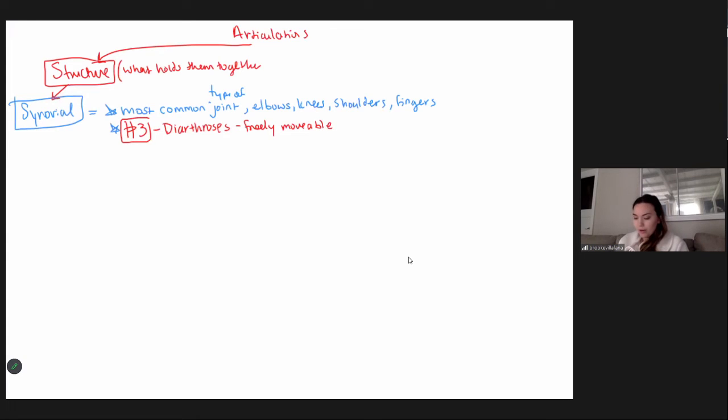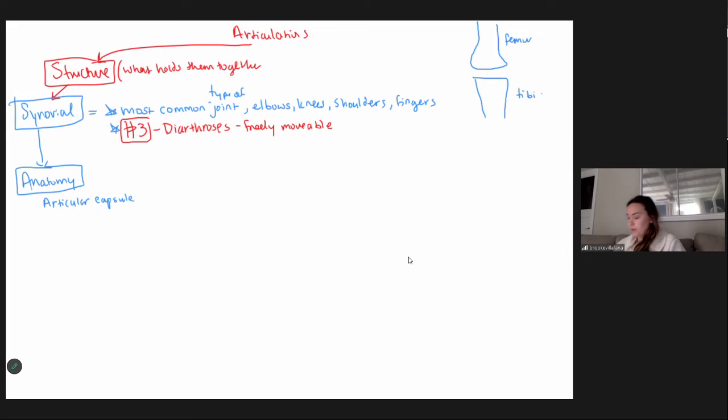So looking at our anatomy of the synovial joint, we break it down into the articular capsule, which surrounds the synovial joint. So if we kind of picture, if this is your femur and this is your tibia, and we're picturing your knee, the articular capsule kind of wraps around it like this to kind of make this little chamber.